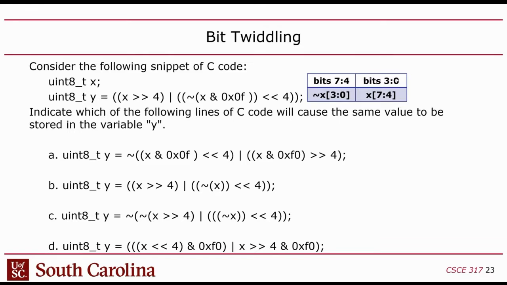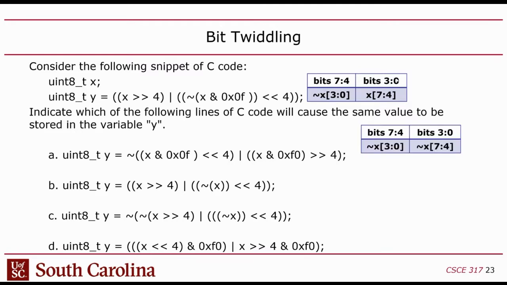So I take the lower 4 bits of x, negate it, and shift it to the left by 4 bits. That takes the original lower half of x, negates it, and puts it in the upper half, and then I OR those together. So you end up with not x 3 down to 0 in the upper 4 bits, and x 7 down to 4 in the lower 4 bits.